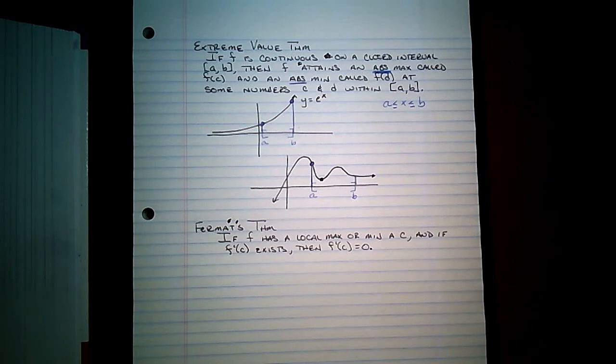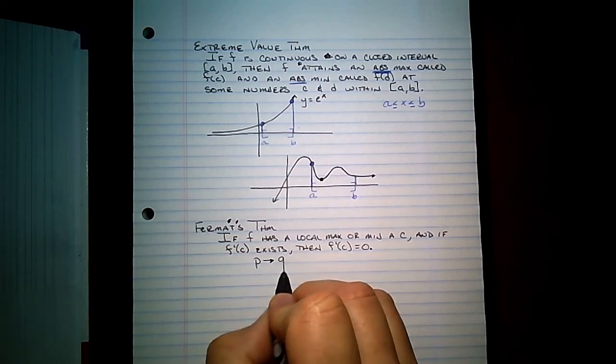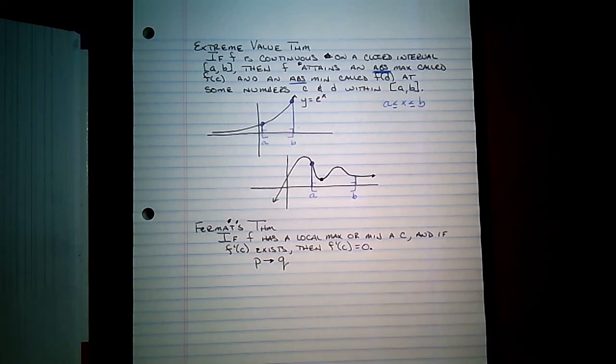The problem with the theorem is it's written in the wrong order. I mean, look at it closely. This is a conditional theorem. It says, if P, then Q. The problem is, the if is what we want to be the then, and the then is what we want to be the if. It doesn't tell us, hey, when the derivative equals 0, you have a local min or a local max.